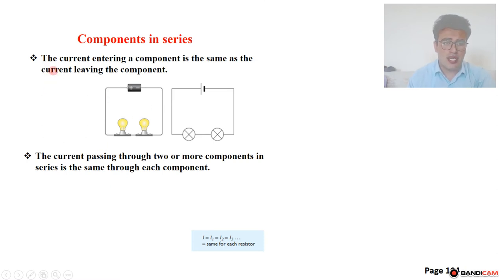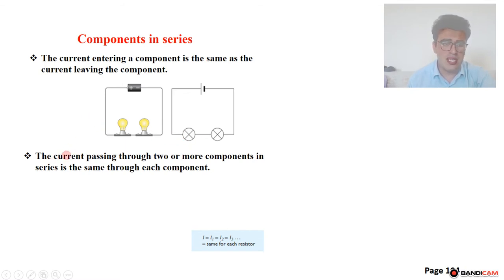The current entering the component is the same as the current leaving the component. Dear student, we have the series circuit, as you see. The current entering the component is the same as the current leaving it. Even if we have more than 2 components, it will be the same.